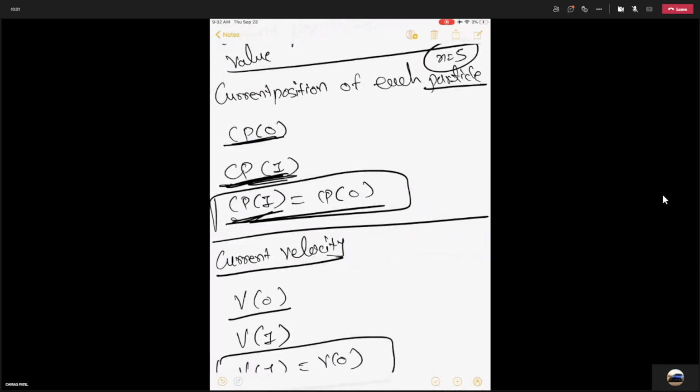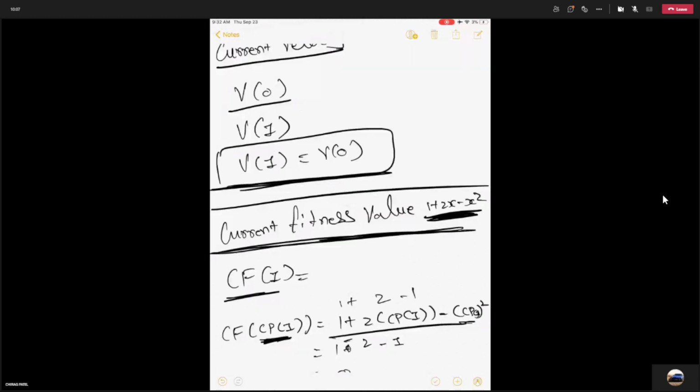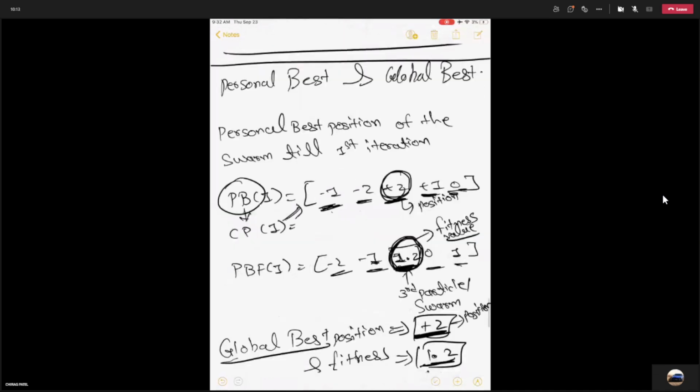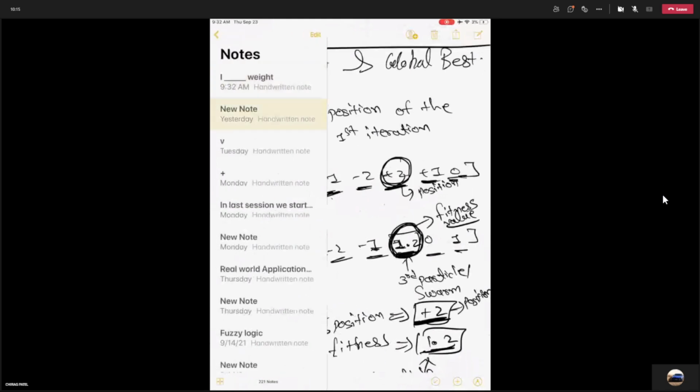How did you calculate the positions? Remember or not? How do we calculate? Okay, the equation for V(i+1) is over here.